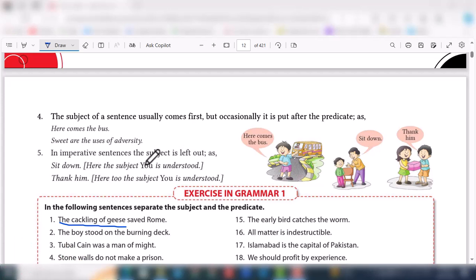In an imperative sentence, the subject is left out, meaning there is no subject stated. As in sit down, here the subject you is understood. We can understand that the person is talking to us.